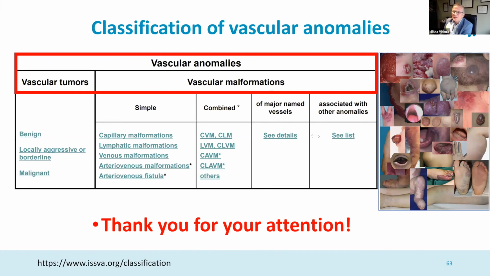Great. I think this is the last question for now. How many hemangiomas are necessary for hemangiomatosis? This is a really nice question. The point is that hemangiomatosis does not really have that kind of definition.